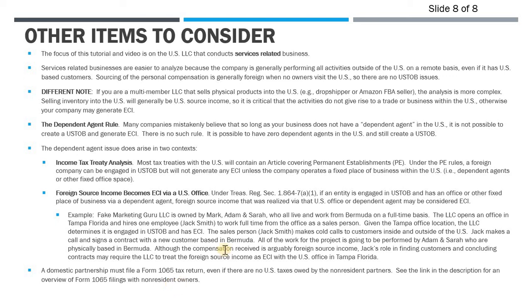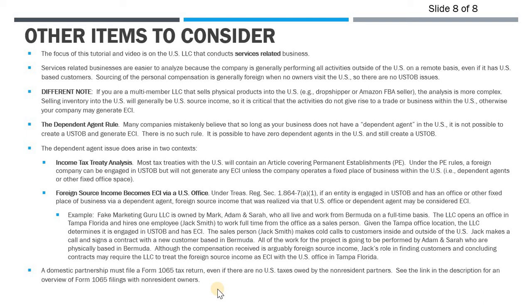So in the fact pattern we were working with earlier, where we have Mark, Adam, and Sarah, let's say they're a Bermuda company, their LLC, it's a partnership, it has no U.S. trader business, it has no U.S. source ECI. It still needs to file a tax return every year to report the income, report the expenses, and give a K-1 to each owner, but the reporting stops there.